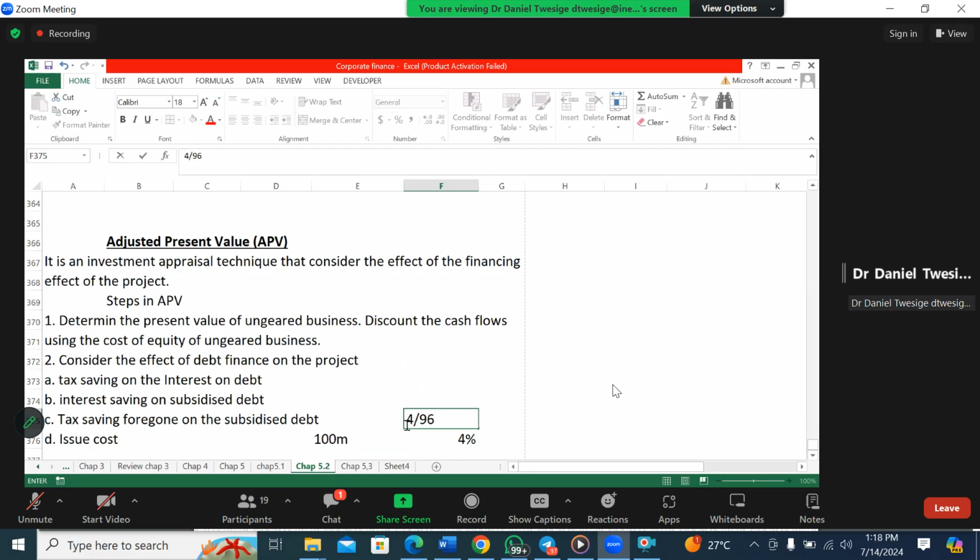And when you are computing interest, you should get the net amount plus the issue cost. Compute your interest. Please be very careful when you are looking at that.